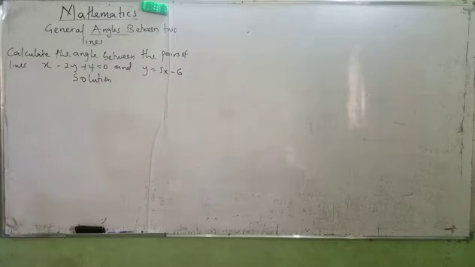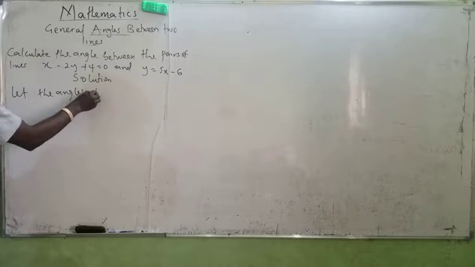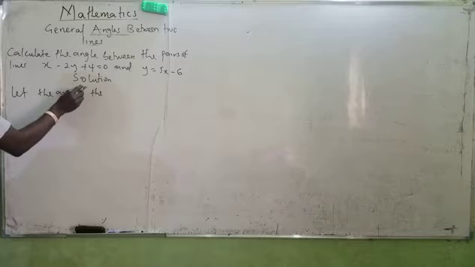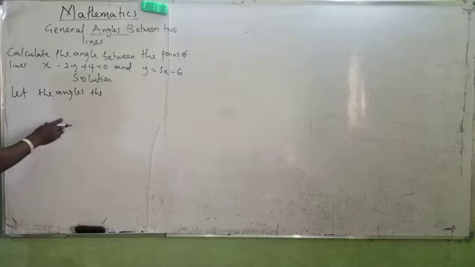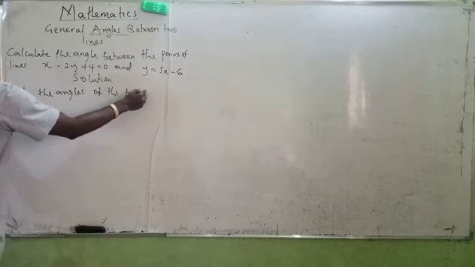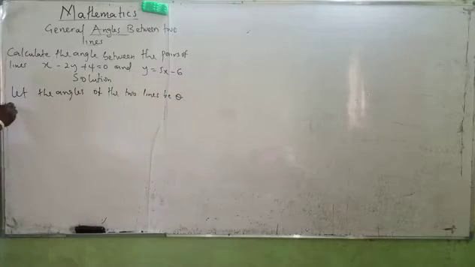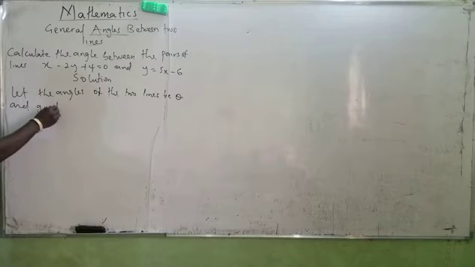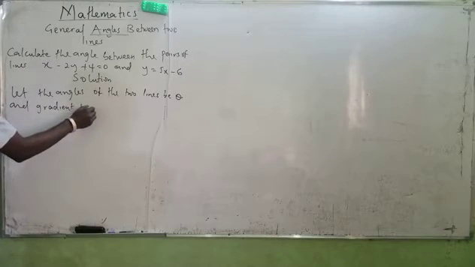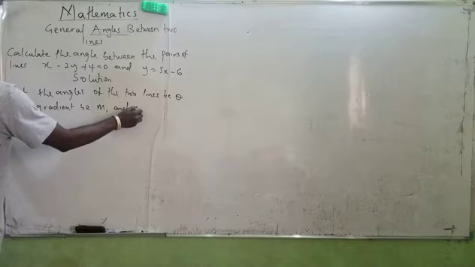Now, you are asked to calculate the angle between them. What I will do is let the angle of the two lines be theta, and the gradients will be M1 and M2 as usual.